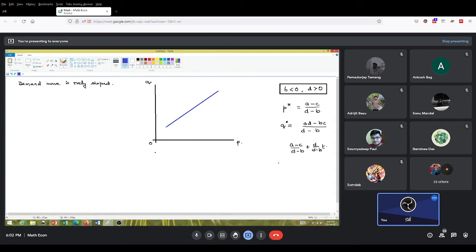The blue is the supply curve. Now we can have two situations. One is the demand curve is like this. In that case, what will happen?